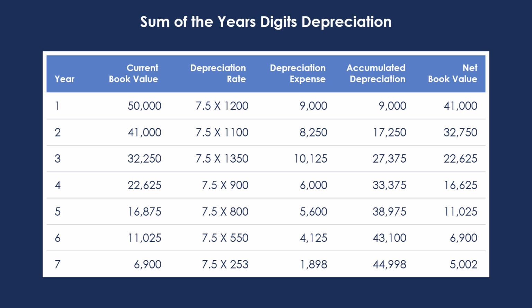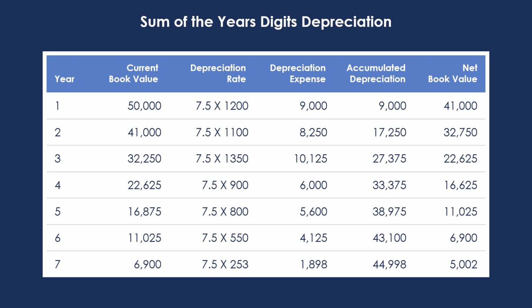Year 2, 1,100 hours. Times 7.50 equals $8,250 in depreciation expense. Accumulated depreciation becomes $17,250. Net book value, $32,750. Each year, we multiply hours used times $7.50.